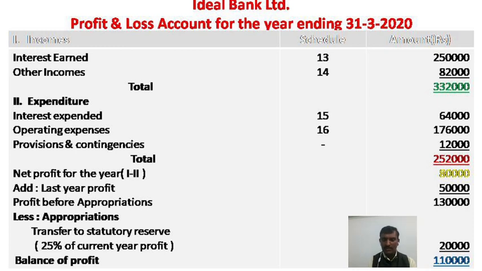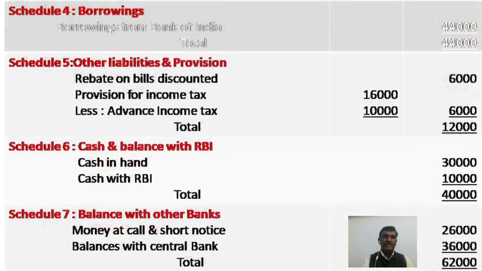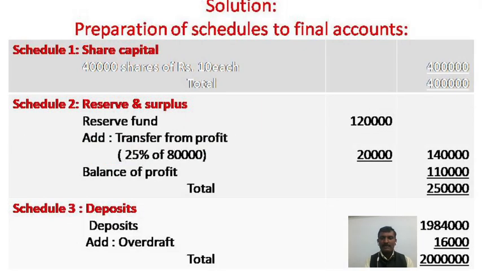So dear students, before going to prepare the balance sheet of the banking company, first of all, let me complete the schedules to the balance sheet. We have completed all the schedules except schedule number 2, that is reserve and surplus. Here, in reserve and surplus, the opening balance of reserve fund is rupees 1,20,000.